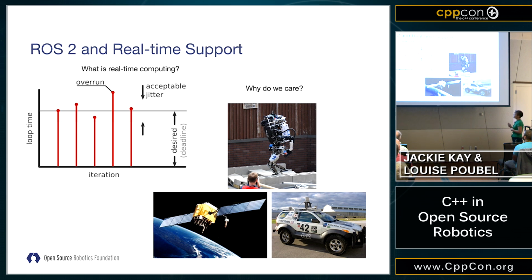So real-time computing, essentially, you have deadlines. You have to stick to your deadlines. If you don't stick to your deadlines, that's really bad. That's an error. So you have some update rate. Here it's that line. And you have some acceptable error, which is often called your jitter. So you can't block for longer than the deadline plus your error. And if you go over it, it's often called overrun.